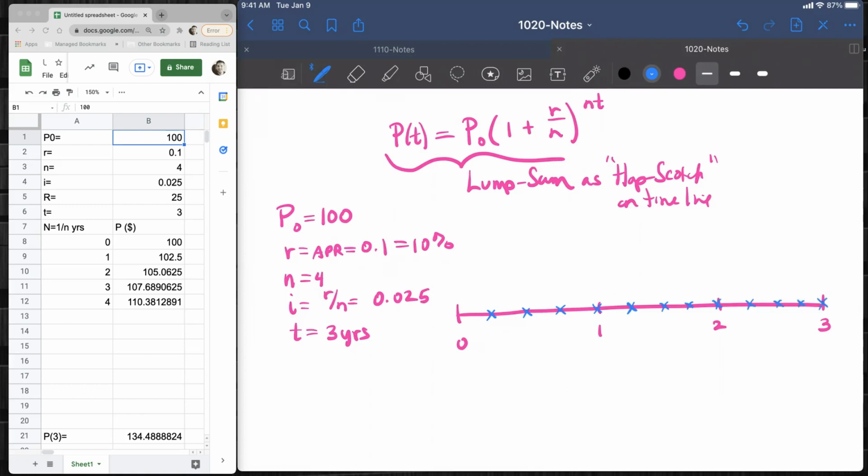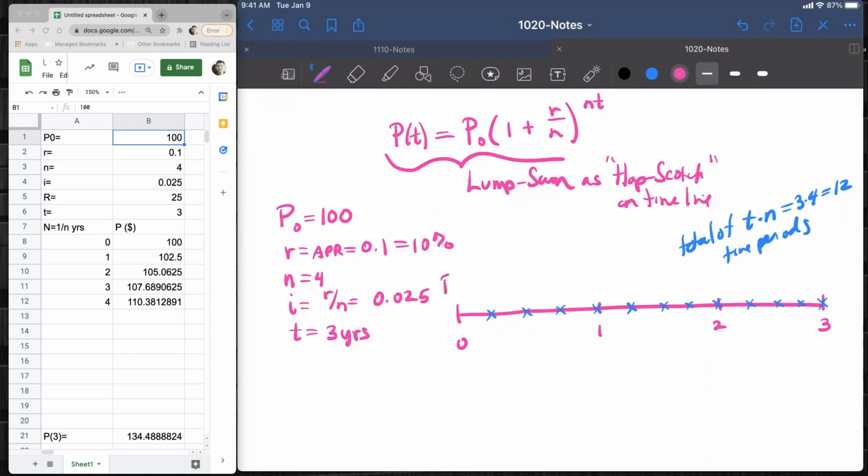You'll notice that we have a total of time times n. In this case, time is 3 years, the number of compoundings is 4. We have 12 total time periods.